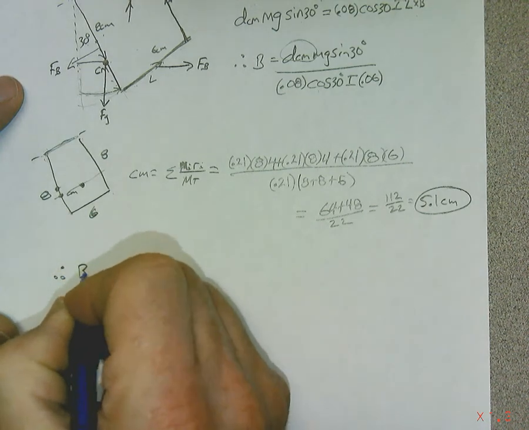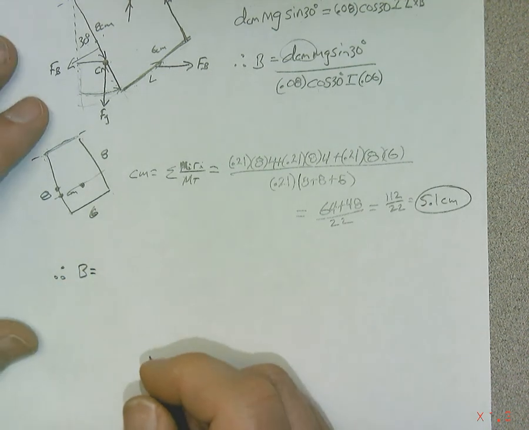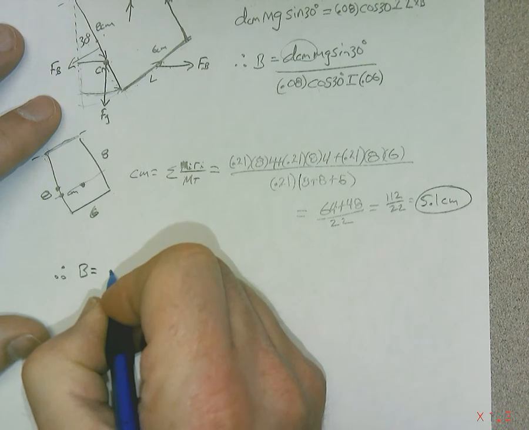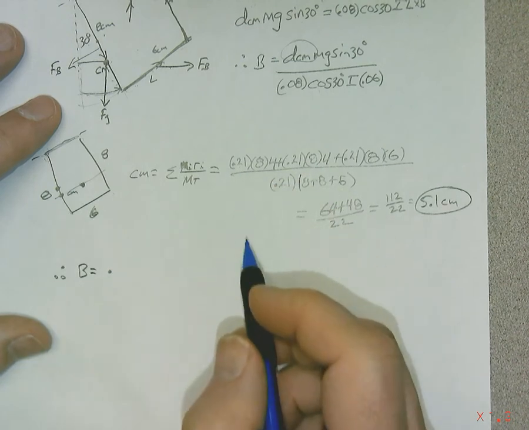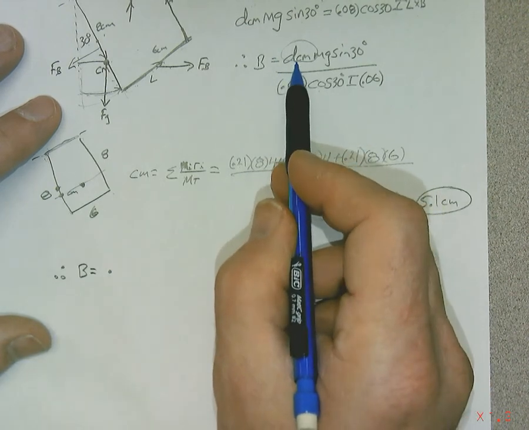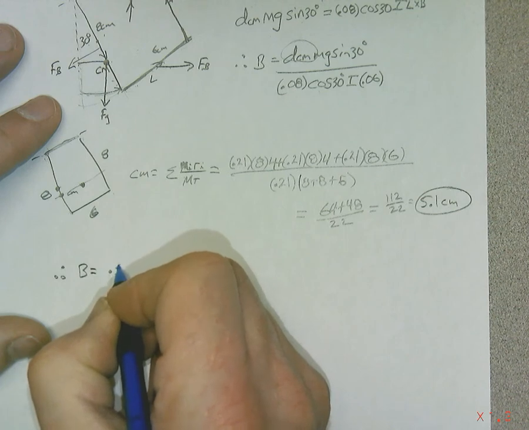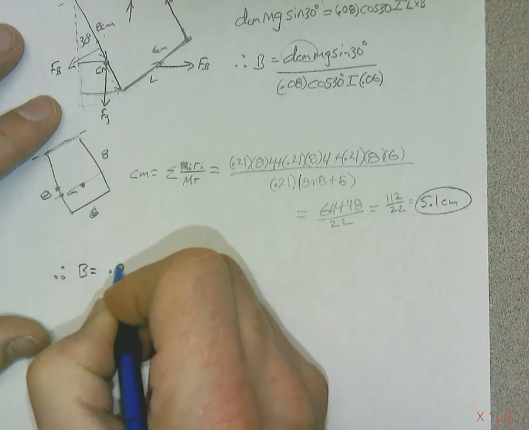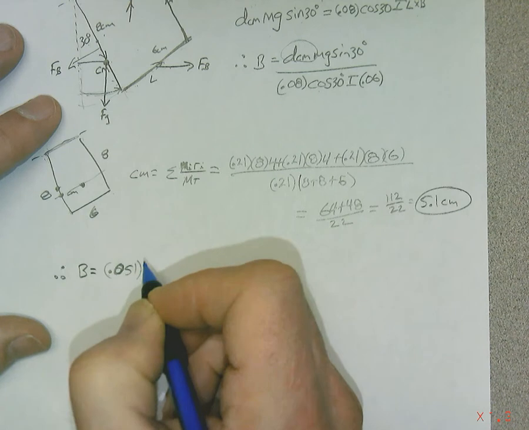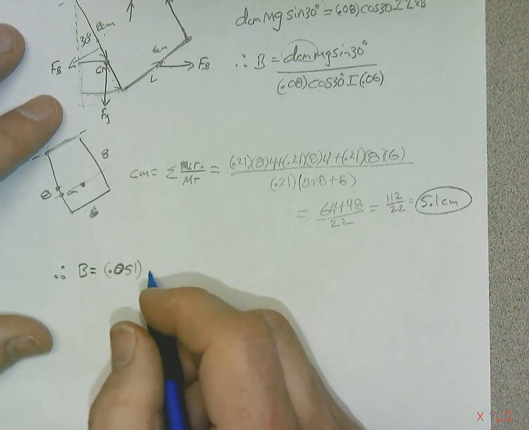Therefore, B is equal to, stick everything in here now, the distance to the center of mass, 0.051, times mg sine of theta.